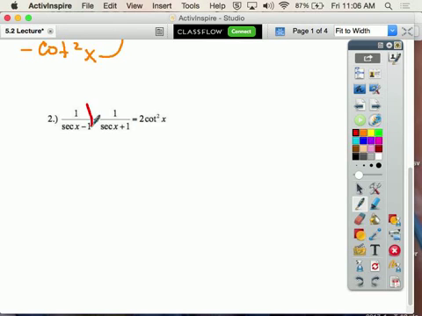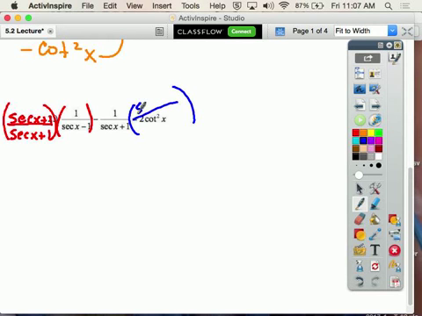I take my first fraction and multiply it by whatever I see on the bottom of the other fraction, the secant of x plus 1. For the second fraction, I'm going to ignore the stuff that says cotangent; I'll get to that later. I'm going to multiply by the other denominator, which was the secant of x minus 1.